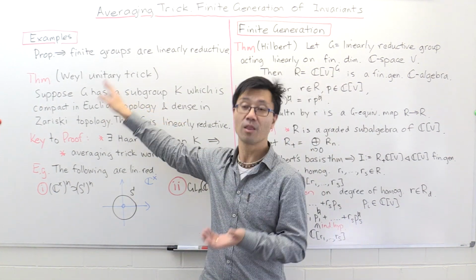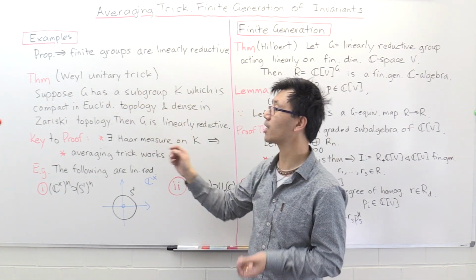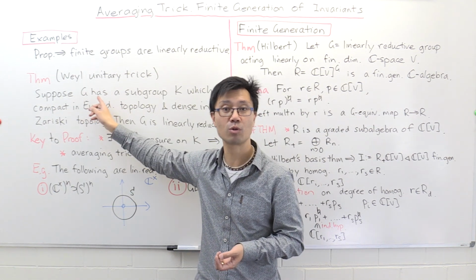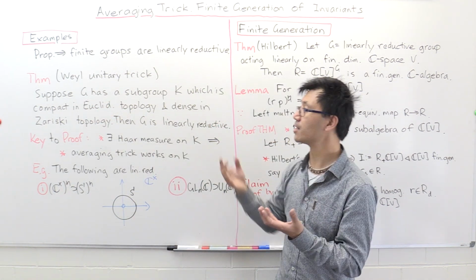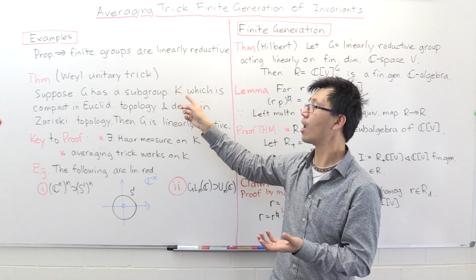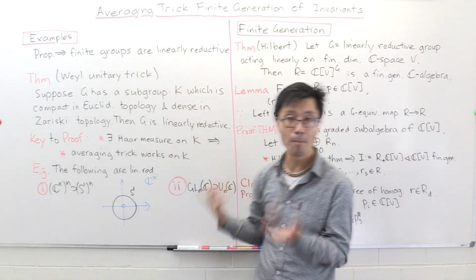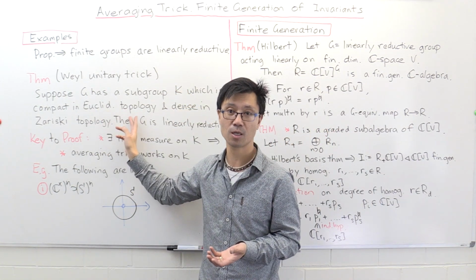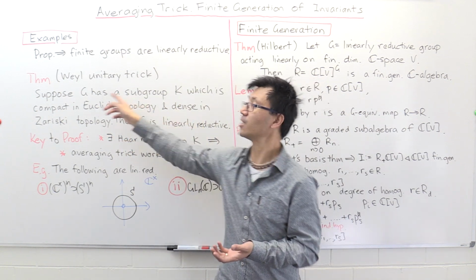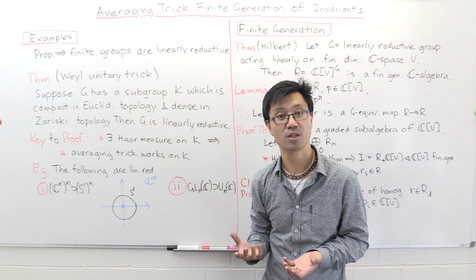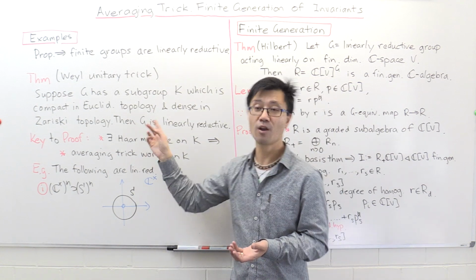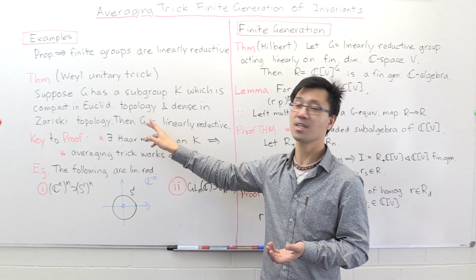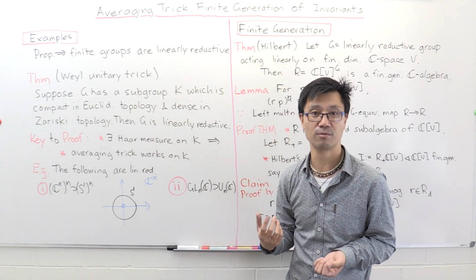This theorem is called the Weyl Unitary Trick. Suppose you have some affine algebraic group G, and inside this algebraic group G, you have a subgroup K, which is compact in the Euclidean topology, but dense inside G in the Zariski topology. If that happens, then in fact this G here is linearly reductive.